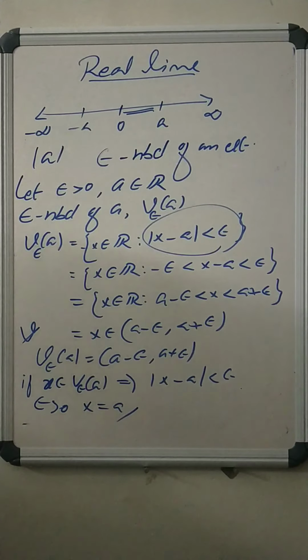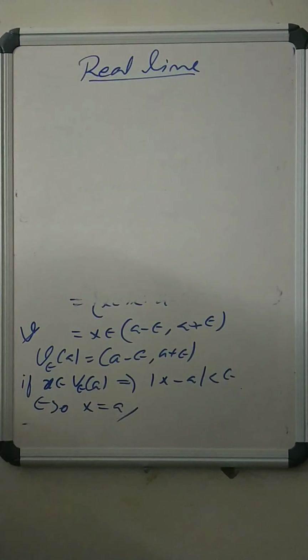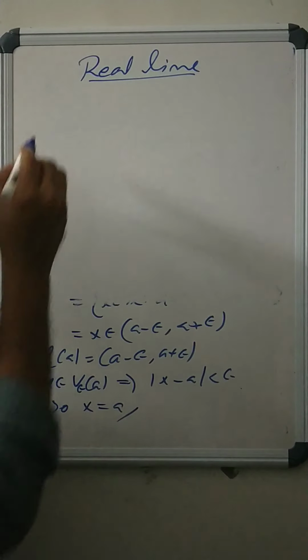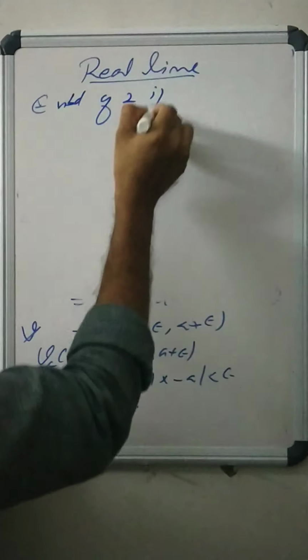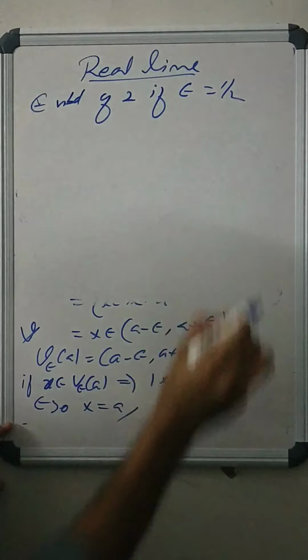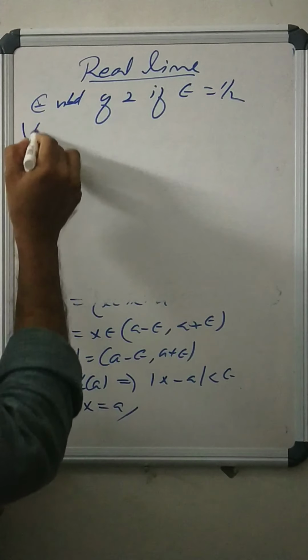Now consider the epsilon neighborhood of a number. Find the epsilon neighborhood of 2 if epsilon equals 1 by 2. How have we come to the definition?